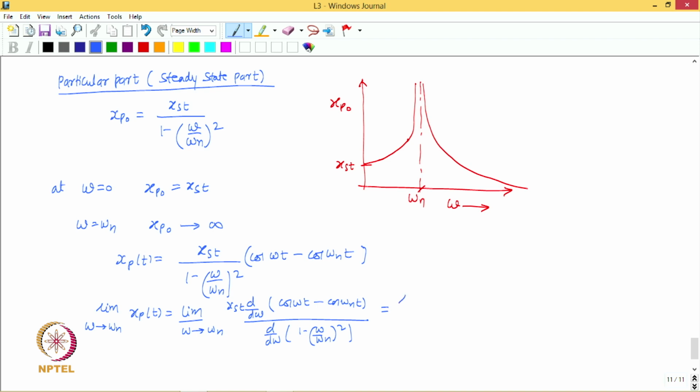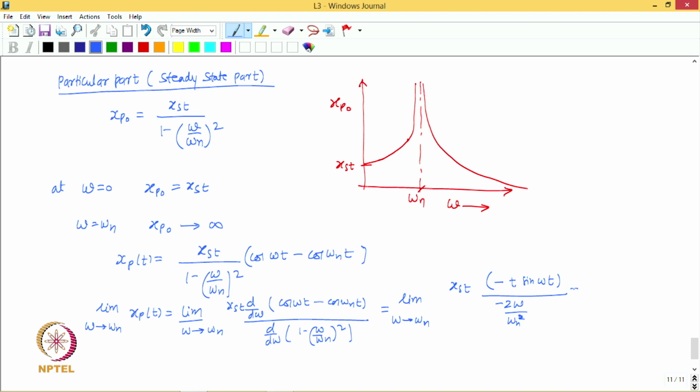So, we get the limit as omega tends to omega n of x static, differentiation with respect to omega giving minus t sine omega t, divided by minus 2 omega upon omega n square.